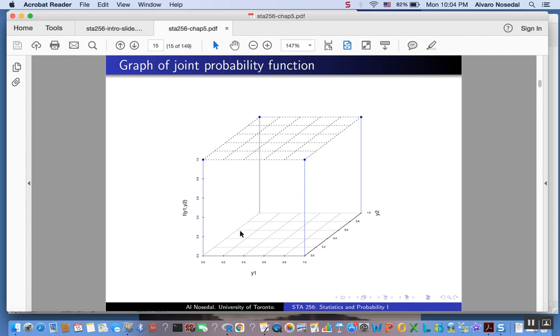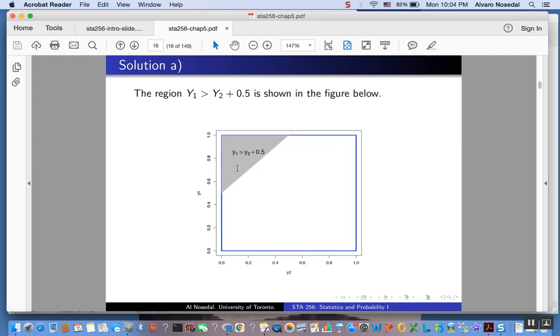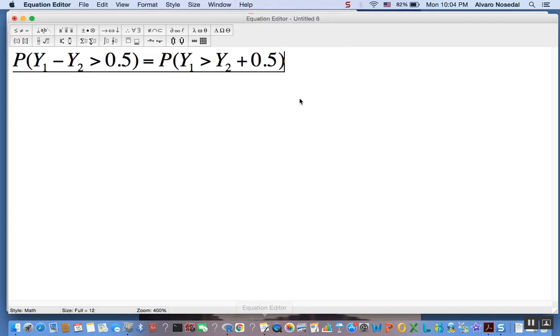If I want the volume, and the region is really nice, I can find the area of that region, multiply it by the height, and I get the volume. In this particular case, because it's really simple, a geometric approach.